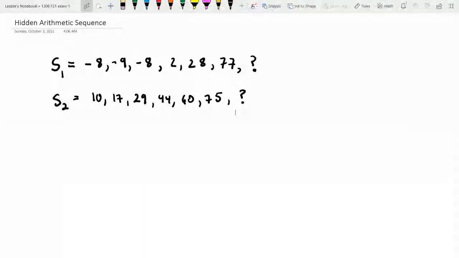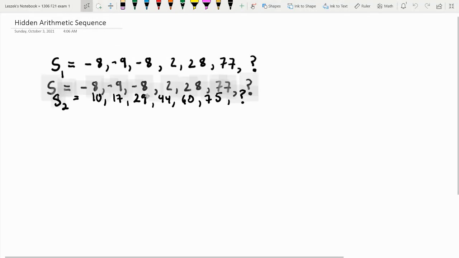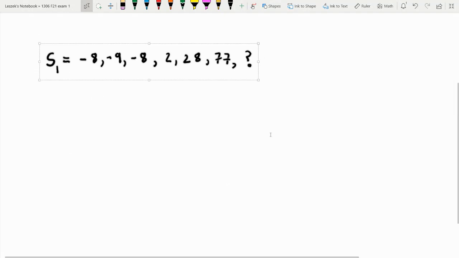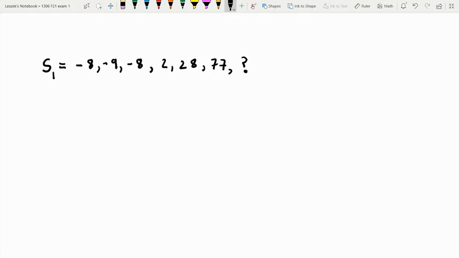Let's go ahead and take the first one, and just like for a basic arithmetic sequence, the difference between any two terms is a constant. In a hidden, quote-unquote, arithmetic sequence, you'll eventually get to the constant difference if you keep taking differences. So you can write out the given terms of the sequence, and then you're expected to find the last term, the next term, say.